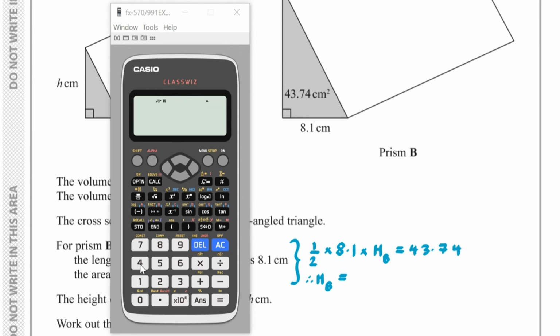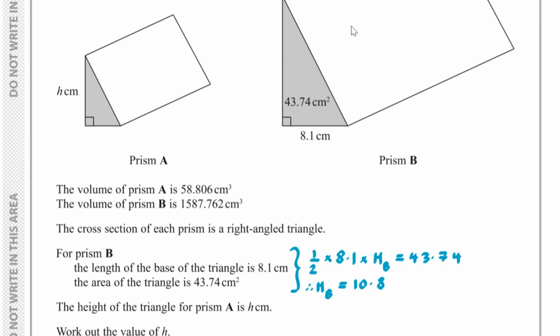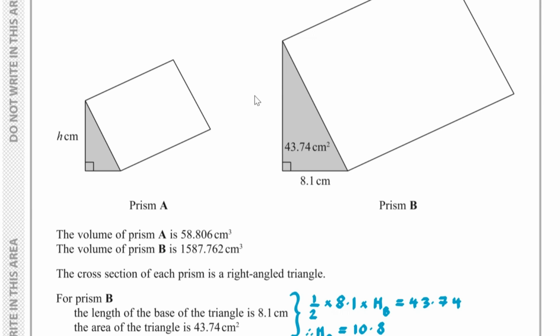We've got 43.74 divided by 1/2 of 8.1. And it turns out we get 10.8. So we have 10.8 as the height of the prism B.